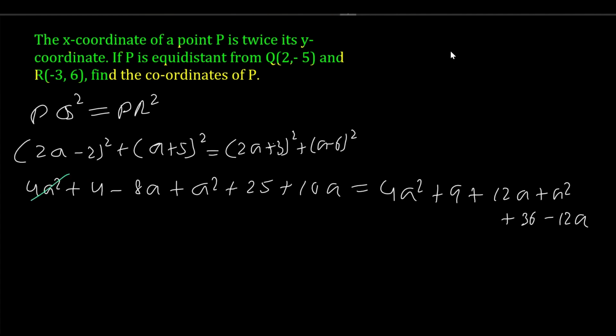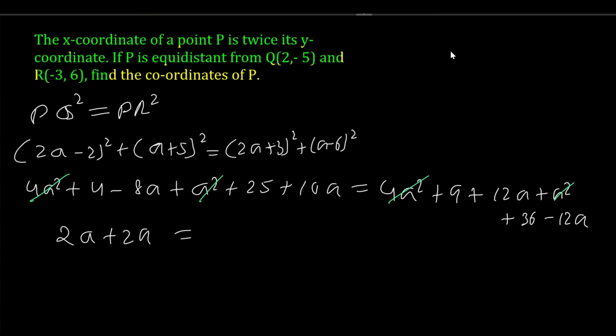Now you can figure out that here 4a square and 4a square get cancelled. Even a square gets cancelled here. Now we will be looking for the like terms. On the left hand side, this is minus 8a plus 10a, which should give you positive 2a. So we have 2a and the constants are 25 plus 4, that is 29.